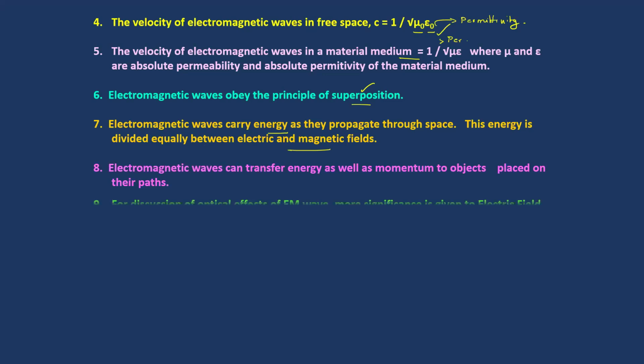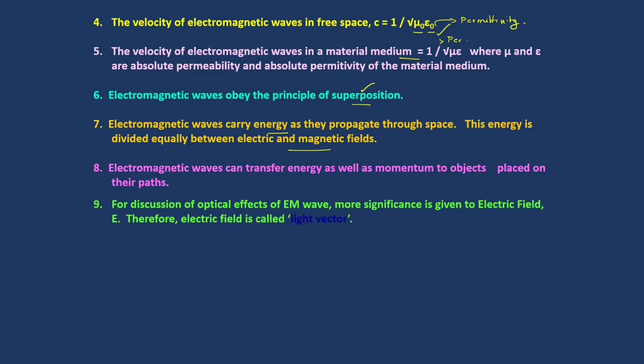And the eighth property is that electromagnetic waves can transfer energy as well as momentum to objects placed in their path. And here we can say the electric field vector can be called the light vector because the optical effect of an electromagnetic wave is more significant in the electric field. So that's why it is referred to as the light vector.